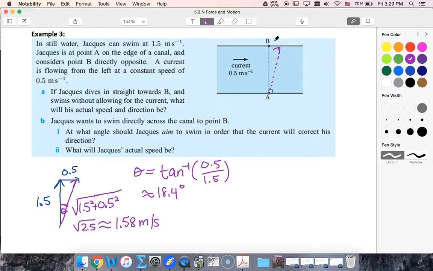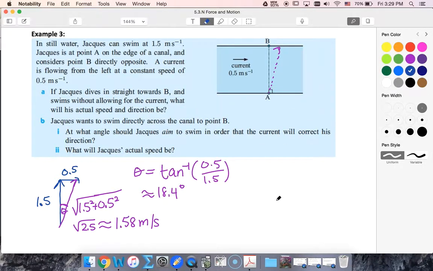So now we're going to think about sending Jacques off in this direction at his speed of 1.5 meters per second. The current's going to pull him back at 0.5 meter per second. And we're hoping to end up at point B.